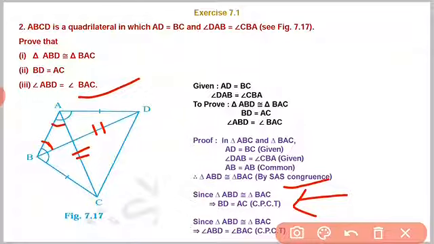So we know that we had two triangles like this.